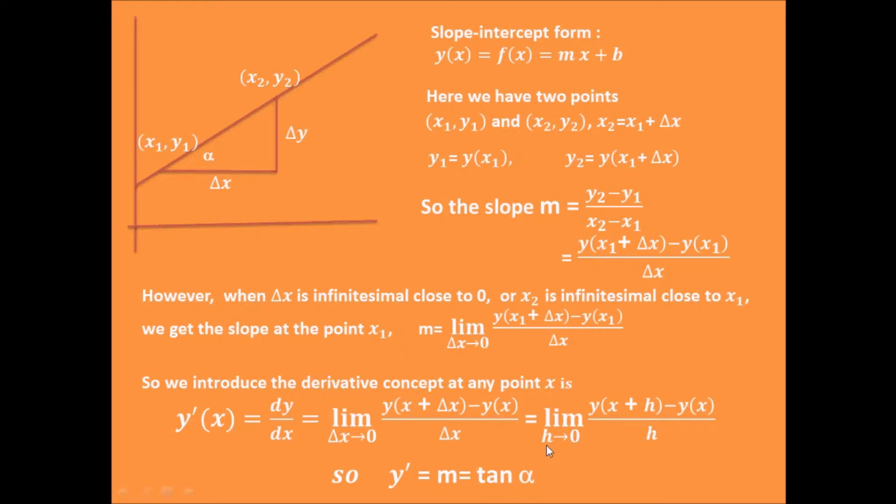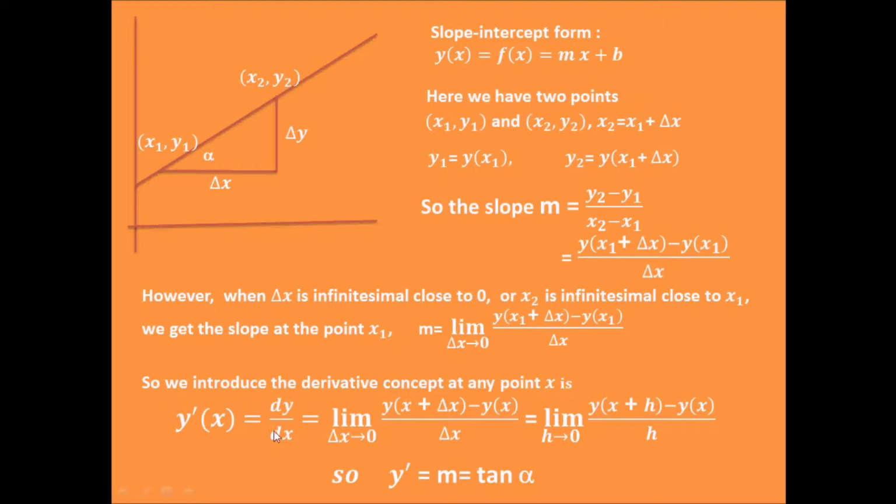Here I use h to replace delta x. In fact, h and delta x are the same. They are just variable symbols. You can use any symbol as you like, as long as this symbol approaches 0.